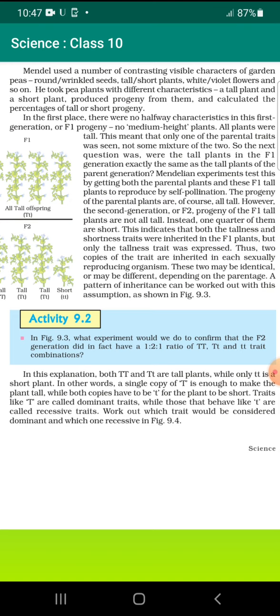This indicates that both the tallness and shortness traits were inherited in the F1 plant, but only the tallness trait was expressed. Thus, two copies of a trait are inherited in each sexually reproducing organism. These two may be identical or may be different, depending on the parentage. A pattern of inheritance can be worked out with this assumption, as shown in figure 9.3.